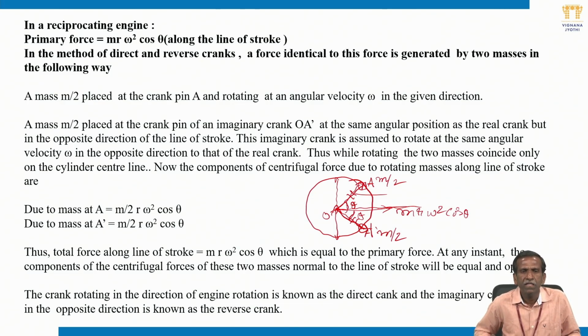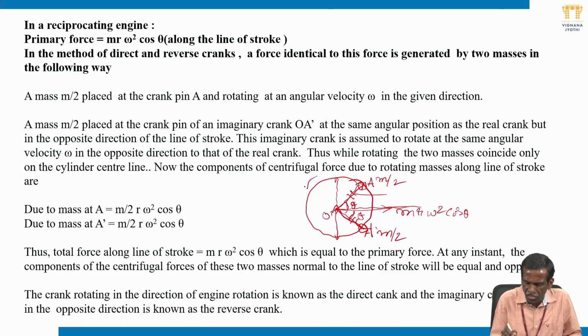So a mass m by 2 is placed at crank pin A, rotating with angular velocity omega. Also a mass m by 2 is placed at crank pin A dash of the imaginary crank, at the same angular position as the real crank but in the opposite direction.